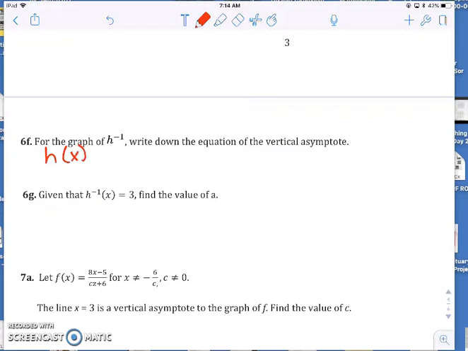So on our regular one, we had one at y equals 0 and x equals negative 2. So our inverse is going to switch. It would be x equals 0 and y equals negative 2. So our vertical one is at x equals 0.